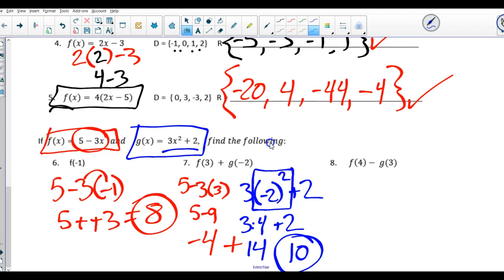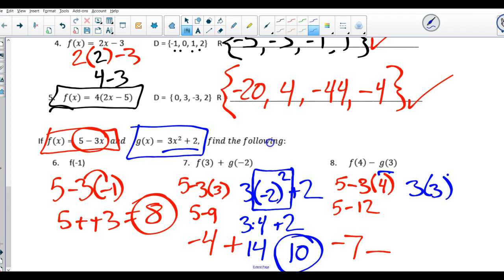f of 4 minus g of 3 is the last one. We have f of 4. 5 minus 3 times 4. That's 5 minus 12, which is -7. Minus g of 3 is 3 parentheses.